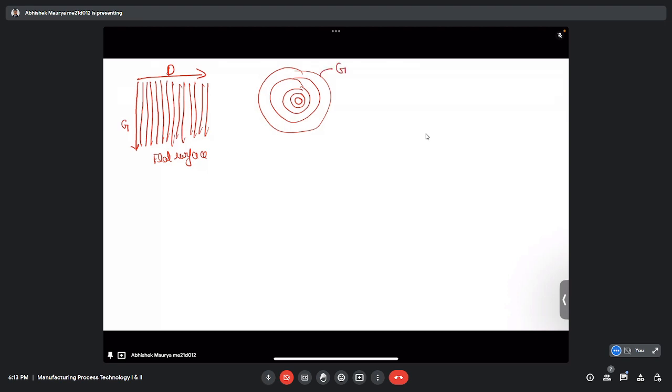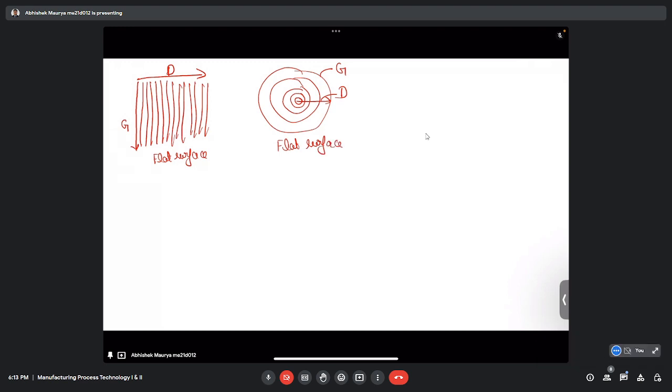These circular motions are generatrix. But if you see, we are going outward, increasing the diameter, that is called directrix. So by combining two types of motion, generatrix and directrix, we are able to create a flat surface.